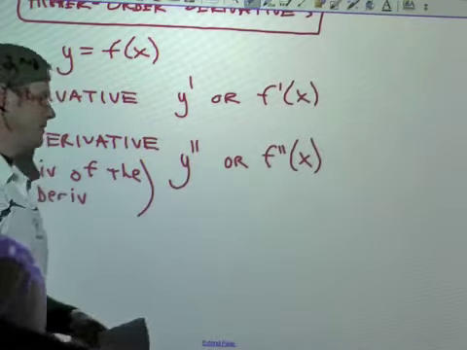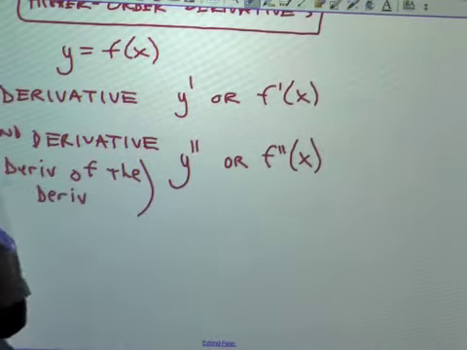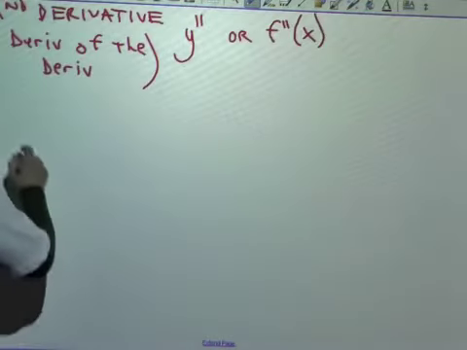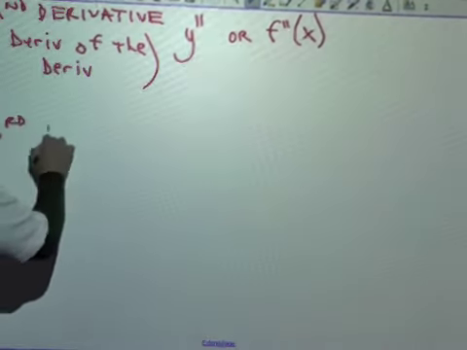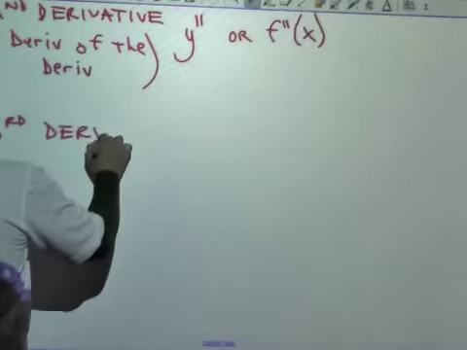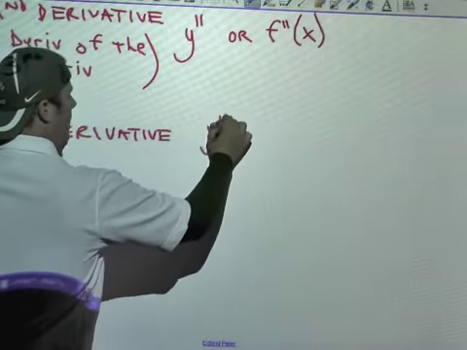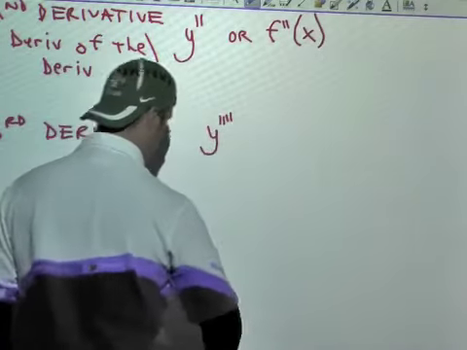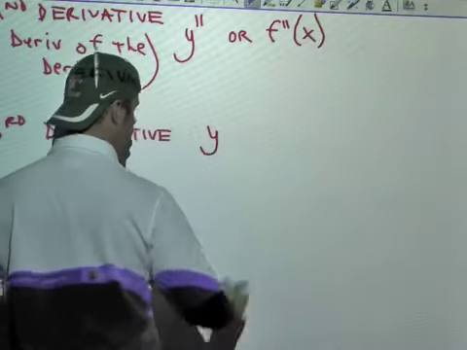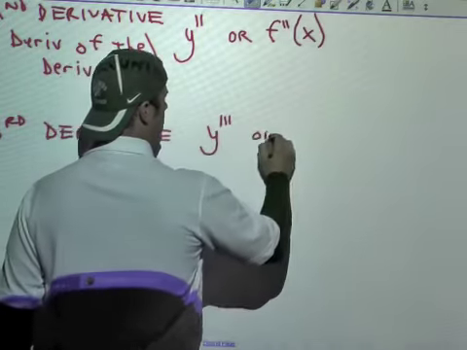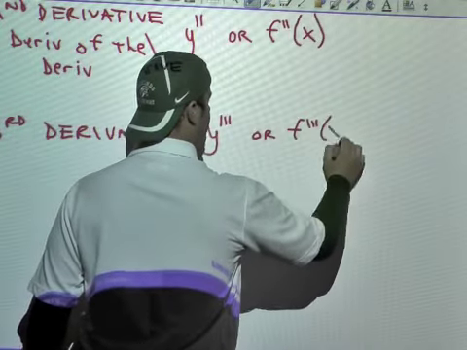Anything beyond that, we actually put the number in parentheses. So the third derivative you would see y triple prime, or f triple prime of x.